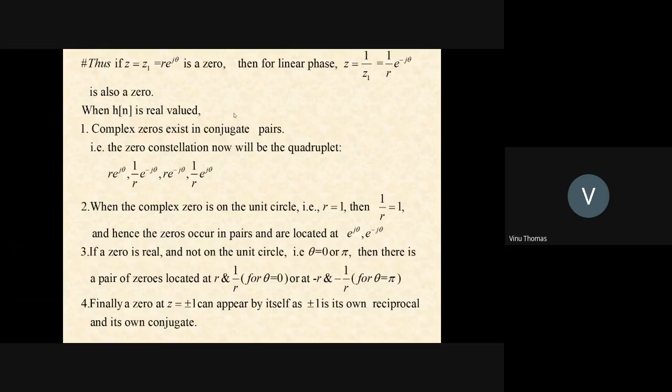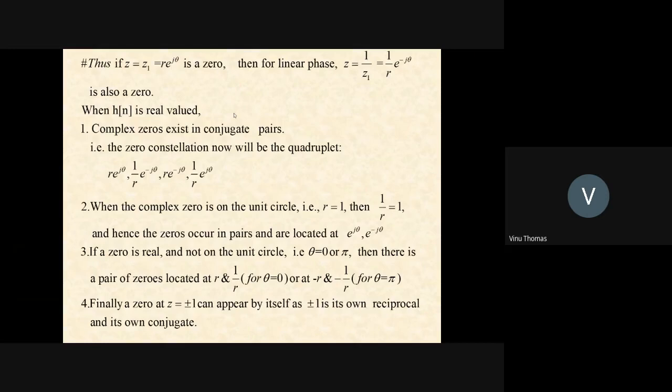So if 5 plus 3j is a root of h of z, and all the coefficients of h of z are real, which means all the samples of h of n are real, then its complex conjugate, 5 minus 3j, also should be a root of the polynomial h of z. So complex zeros, if they exist, will exist in conjugate pairs when h of n is real valued. That is to be emphasized.